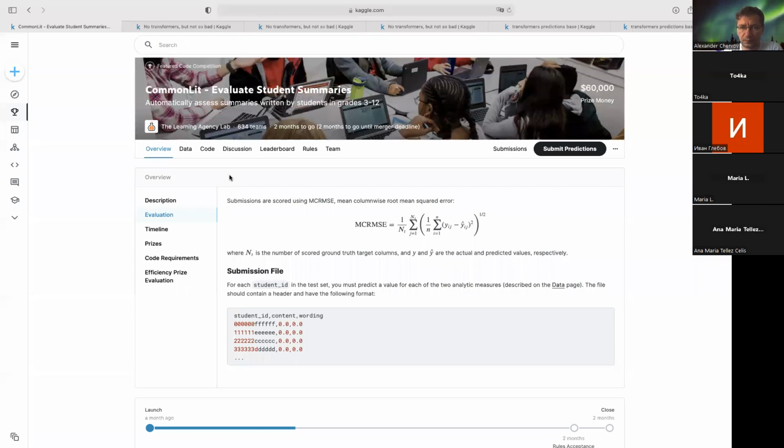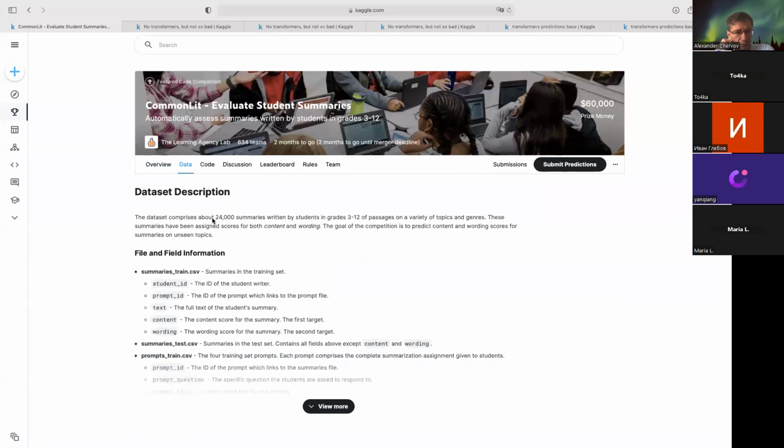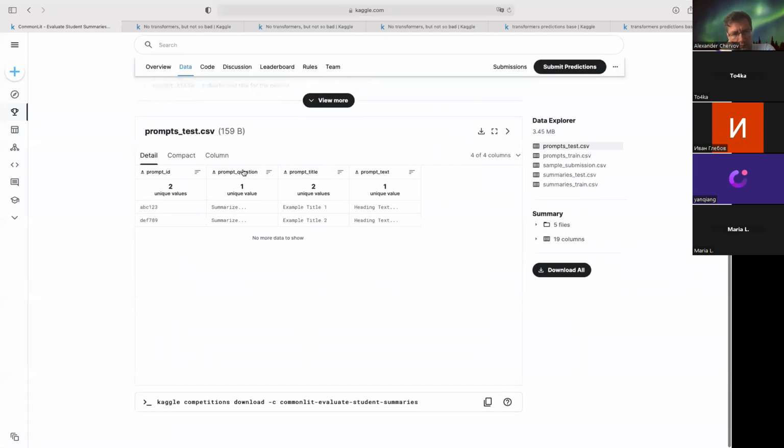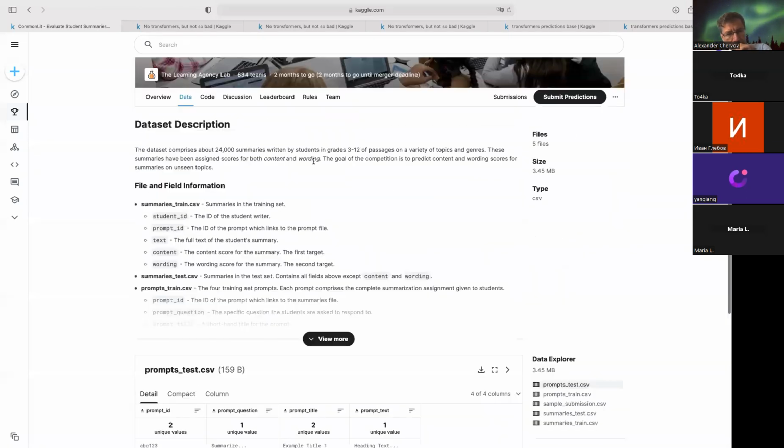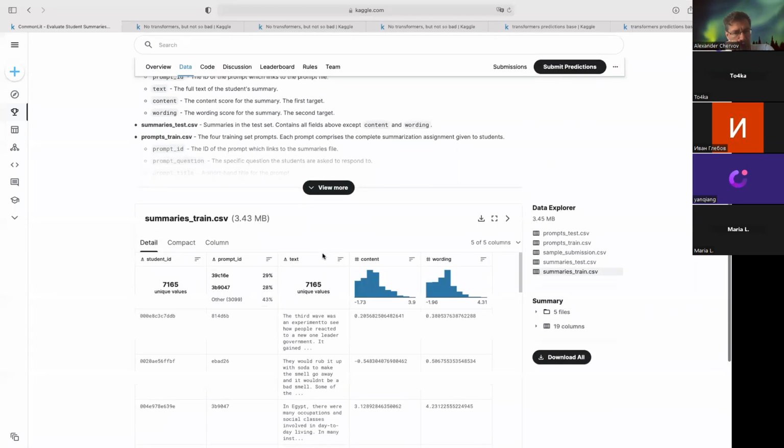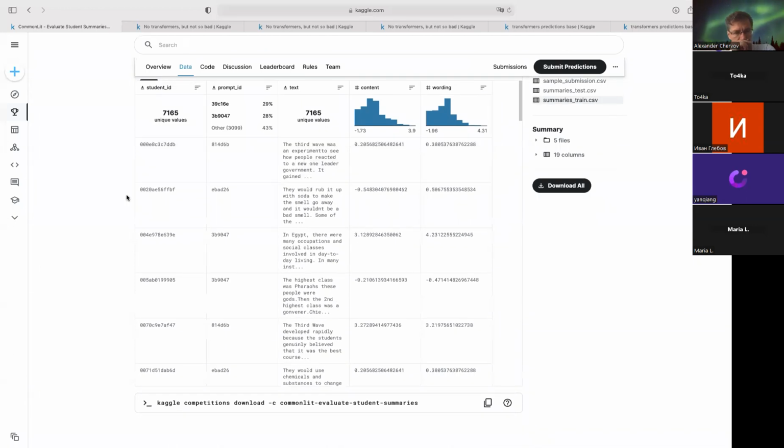And other people in the discussion forum thought that the public data set has only one or two different prompt titles. So you can, for example, overfit your model on some prompt from your training data set, and you will get a good public score, but obviously not a good private score in the future.